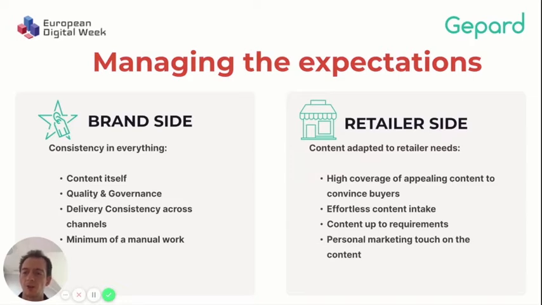The content itself has to be the same quality, on the same level, with good governance across all products. The delivery has to be consistent across all channels, and there should be a minimum of manual work. Brands don't want to spend time adapting the content for retailer requirements. They just want to push it in the same way, and everybody has to use it.